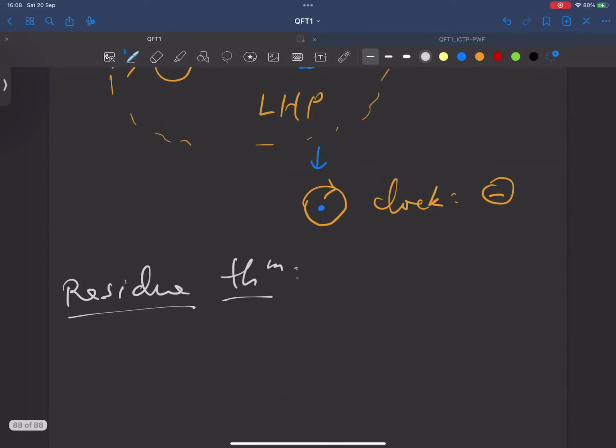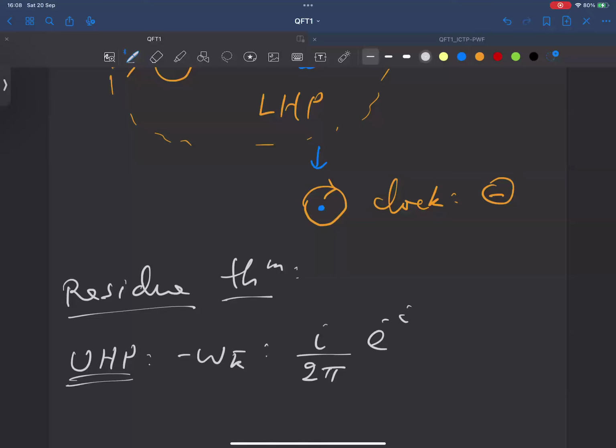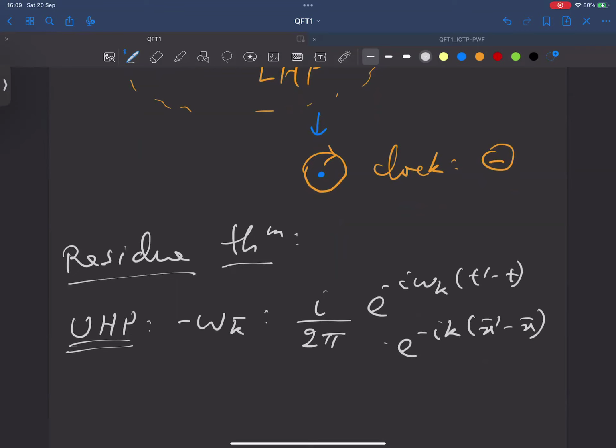So if you apply the residue theorem, in the upper half plane, the residue at the negative pole minus omega k is just this quantity: that function evaluated at i omega k, excluding the pole part, and e to the power minus i k (x prime minus x), divided by minus 2 omega k.